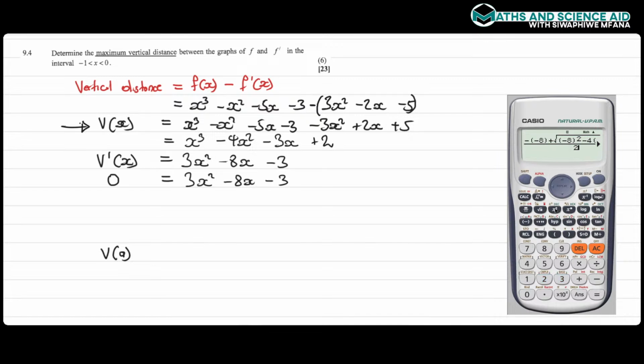Okay, all divided by 2 into a. Again, a is 3. Okay, so we get x equals 3.